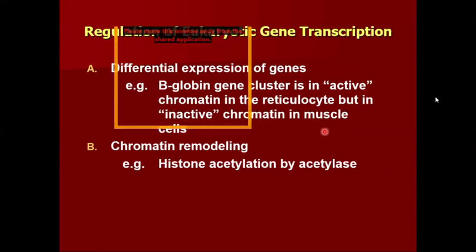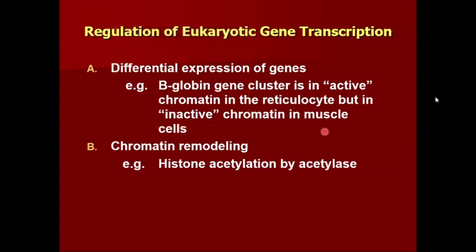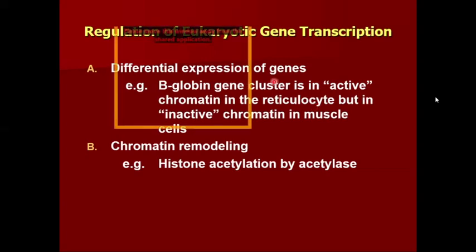So even though we have the beta globin gene in the skeletal muscle, they are not being expressed, unlike in the reticulocyte, the immature red blood cell. Okay? The beta globin gene is being expressed, and that is needed for the synthesis of what? Hemoglobin.